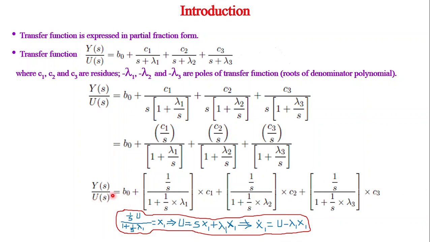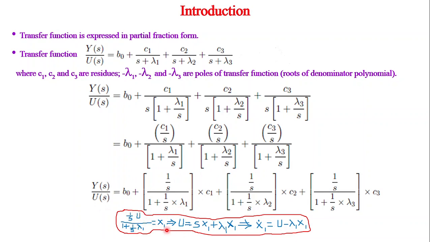That is, I am writing Y of S as B naught into U of S plus this into U of S into C1 plus this into U of S into C2 plus this into U of S into C3. That is for Y of S I am talking about. Therefore, 1 by S into U by 1 plus S by lambda 1, plus 1 by S lambda 1, is x1. That is the coefficient of C1 after multiplying with this U.